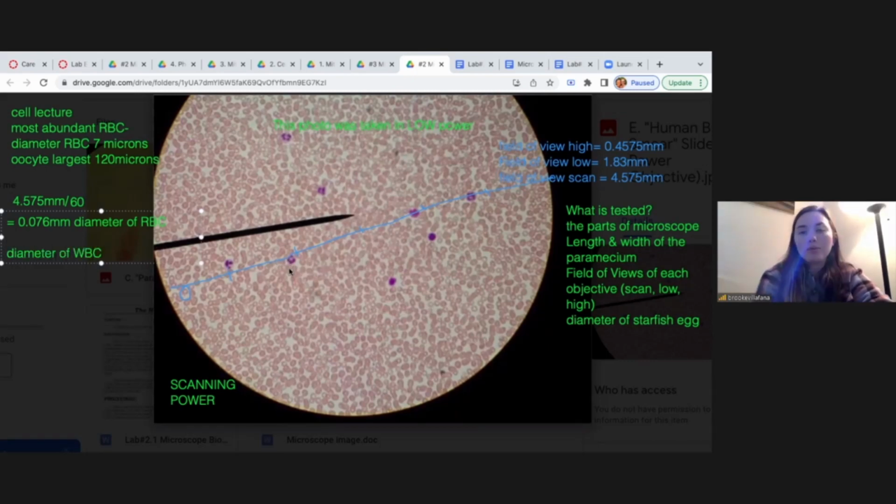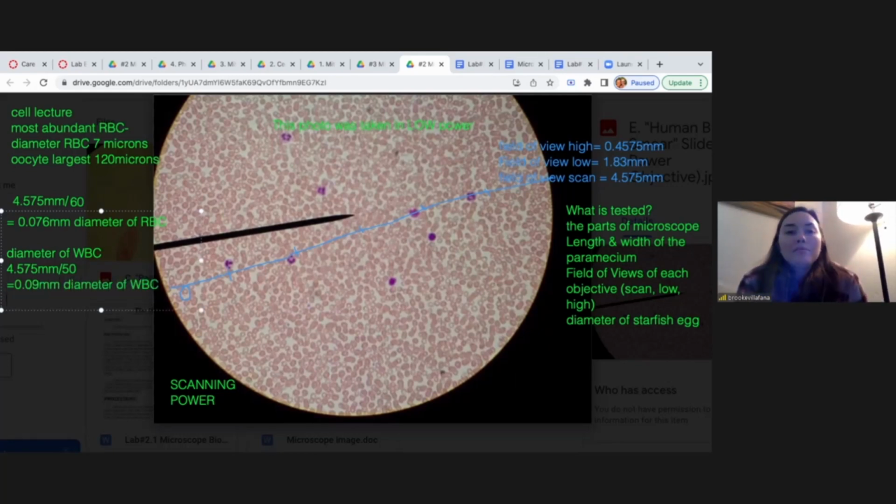You guys can probably see they're close to the same size, but white is a little bigger. So I would probably say 50. So I would say 4.575 millimeters divided by 50. And then we're gonna get 0.09 millimeters. So that'd be the diameter of the white blood cell.